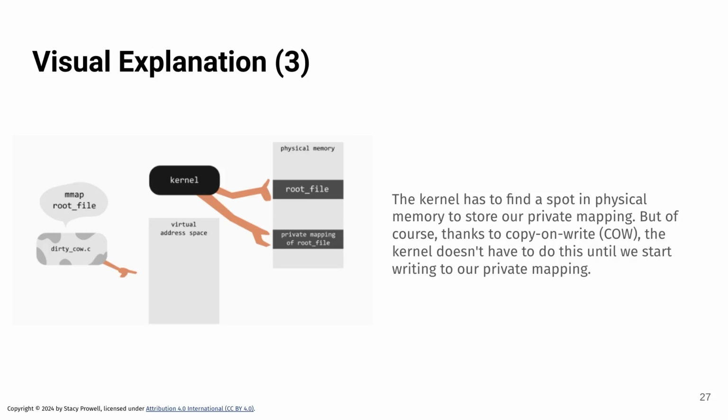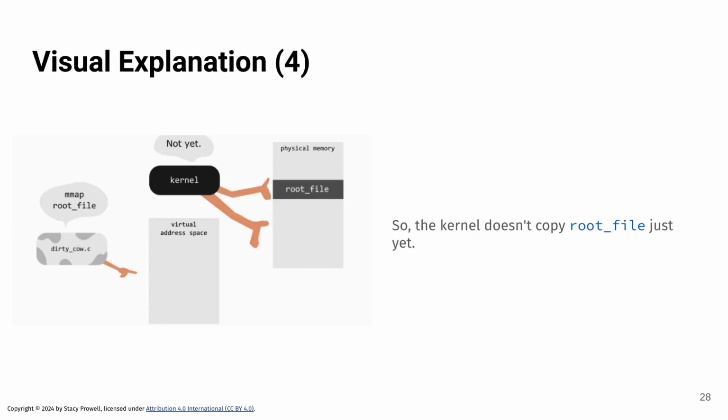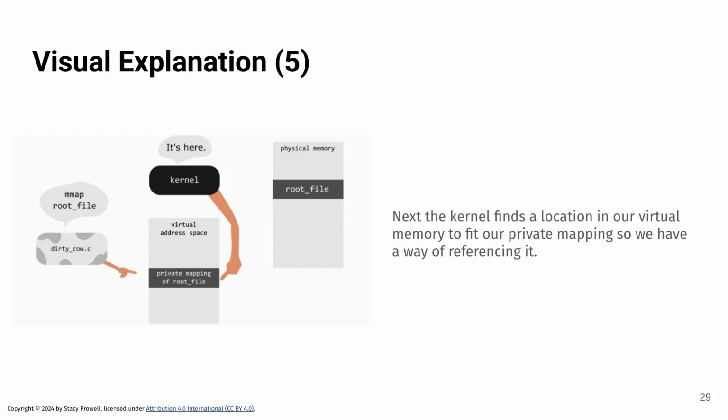Copy on write. The kernel doesn't have to actually go and allocate more physical memory. It can give us a copy on write copy of the root file. So instead of doing all that work, it says, okay, I'm going to go ahead and give you a copy on write version of the root file. And it does it. It gives us a private mapping in our virtual address space.